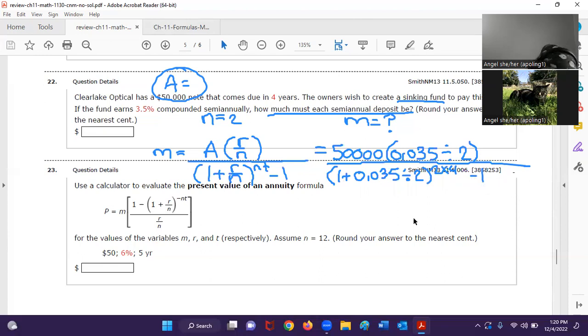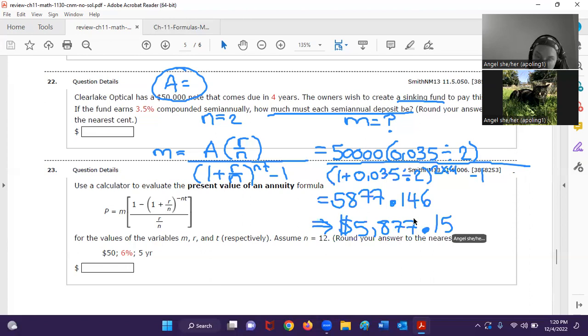And that's our denominator. When you stick that in the calculator, we get 5,877.146, and that is $5,877.15 for 22.